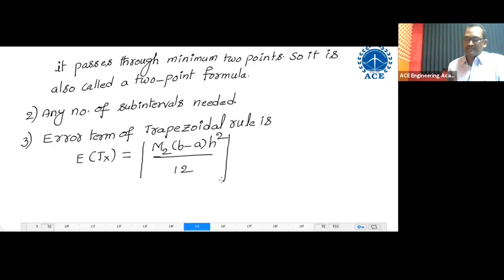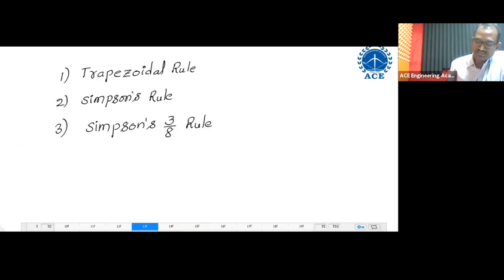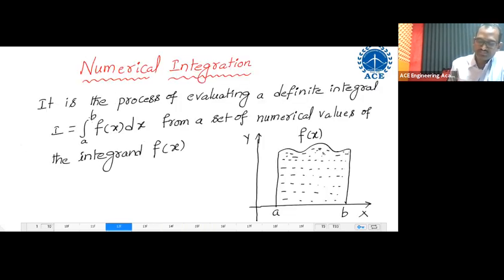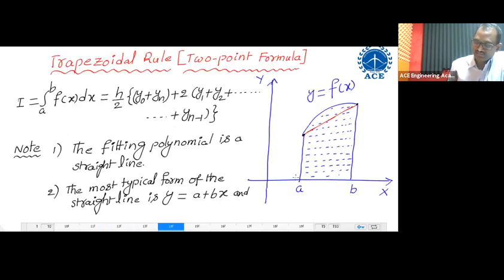Don't worry, here A means the integral lower limit, B means the integral upper limit, H means the length of the subinterval.